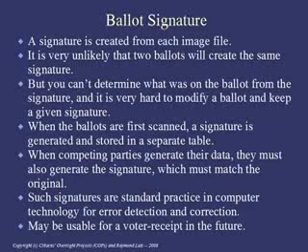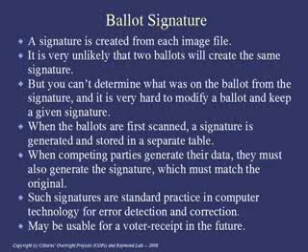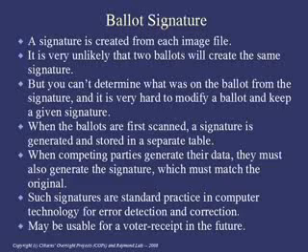And even if you scan the same ballot twice in the same scanner, you're likely to get an image which is not going to create the same signature. It's also very difficult to modify a ballot and get back to the same signature that it had before. So they're kind of a check that the image has not been modified.